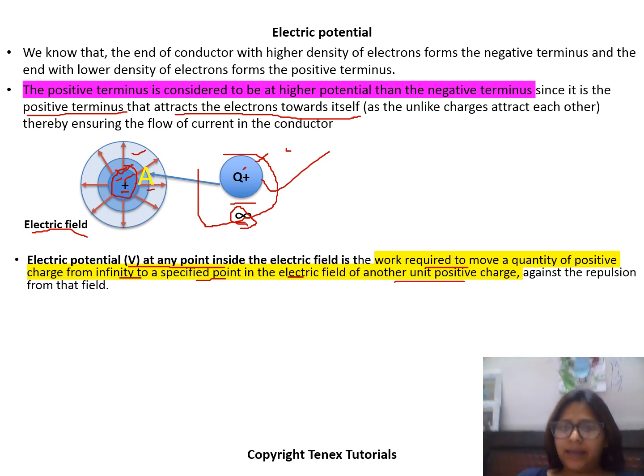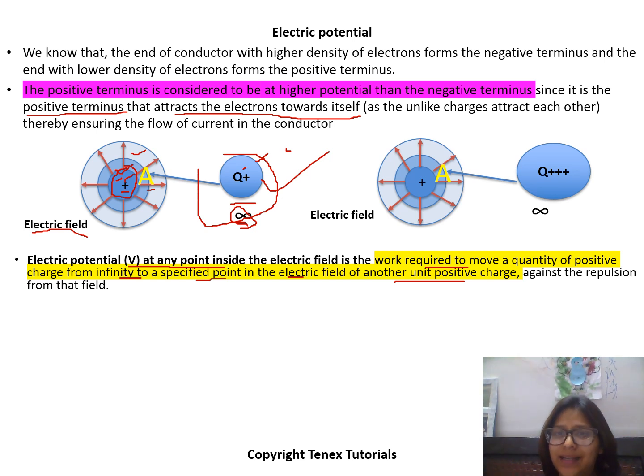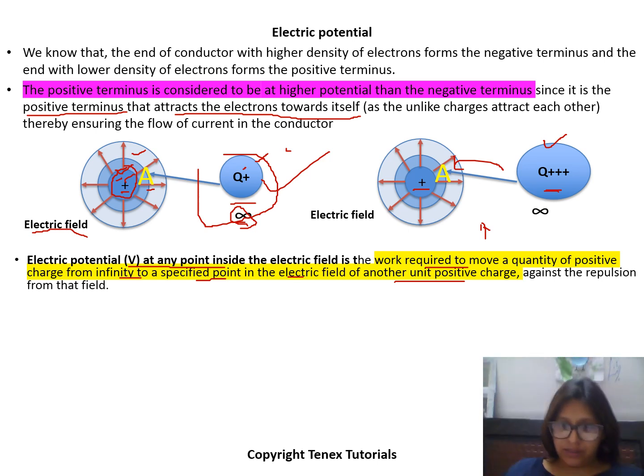Another very important diagram coming up now. So guys, as you increase the quantity of charge either over here or at the center of this field over here, the force of repulsion is going to increase. So in that case, I will have to perform more work in order to send this particular charge inside the electrical field of another unit positive charge.